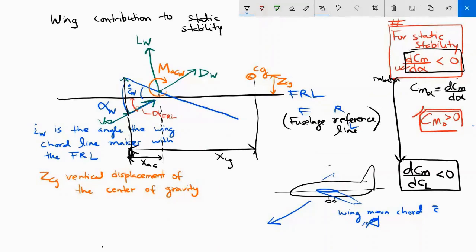To calculate the stability characteristics, XCG and XAC are very important. We have to know the values of XAC and XCG, or at least their difference, in order to calculate the moment slope.